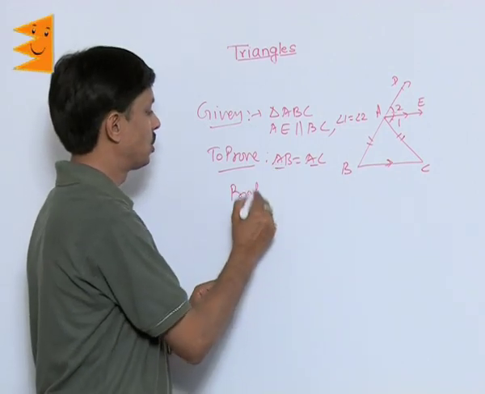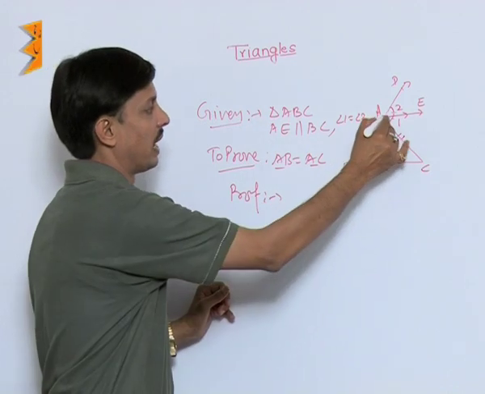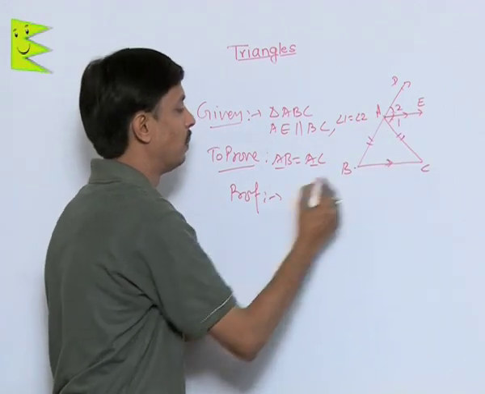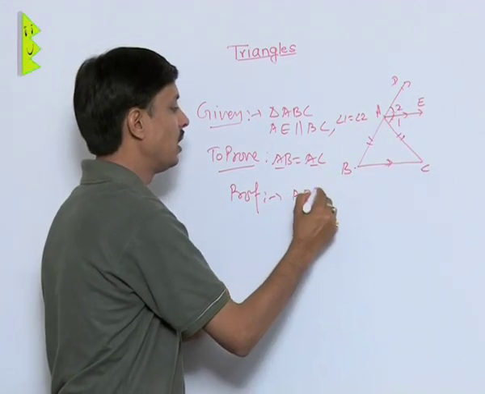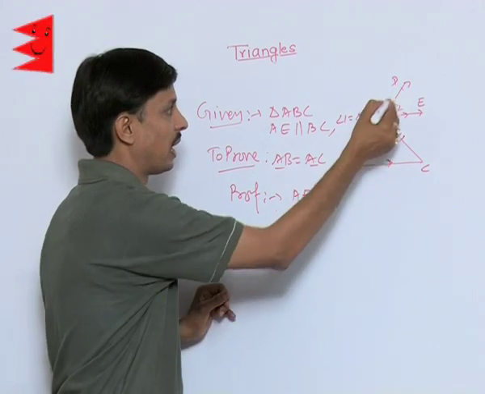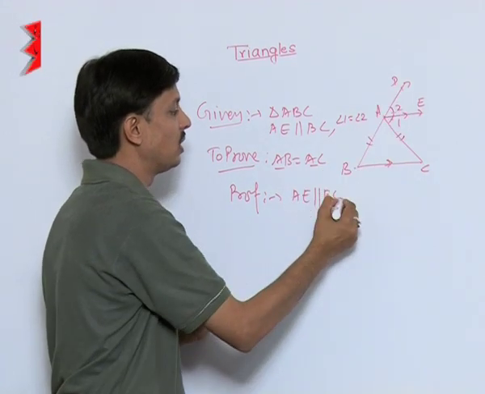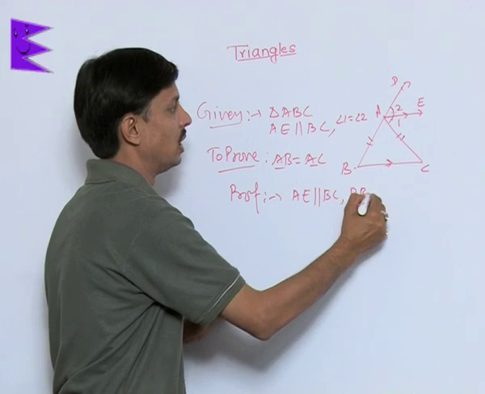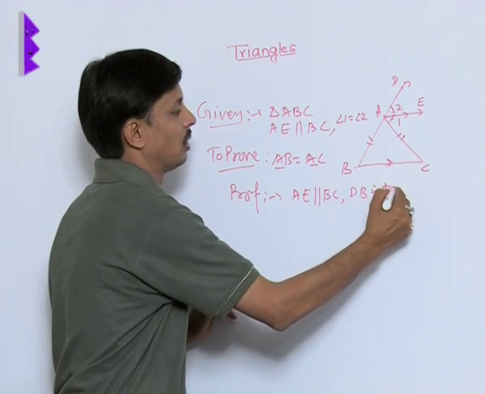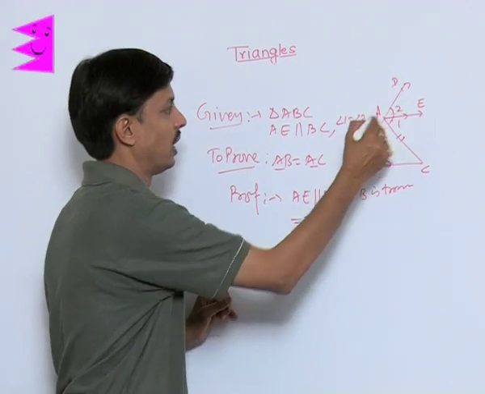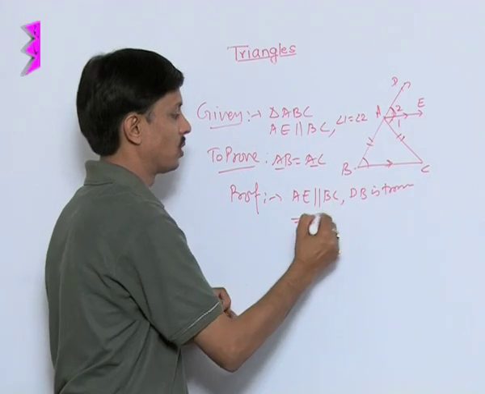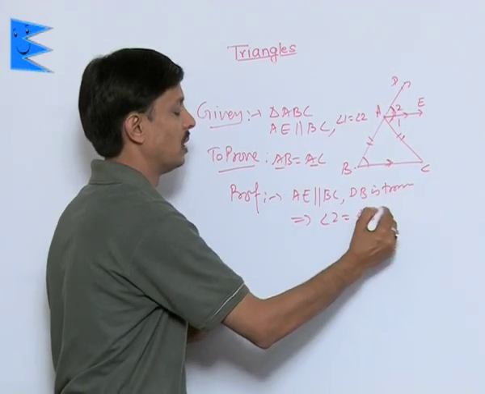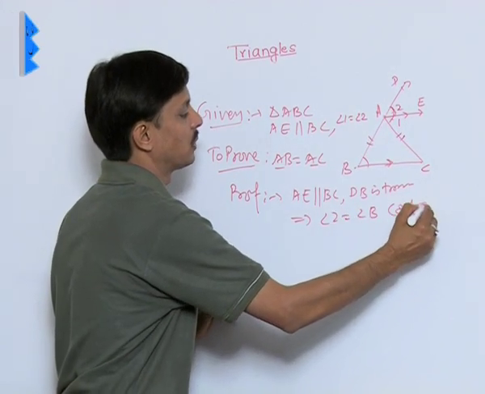For this you can see that this line AE is parallel to BC, and you can say DB is a transversal. So you can say angle 2 is equal to angle B. These are corresponding angles.